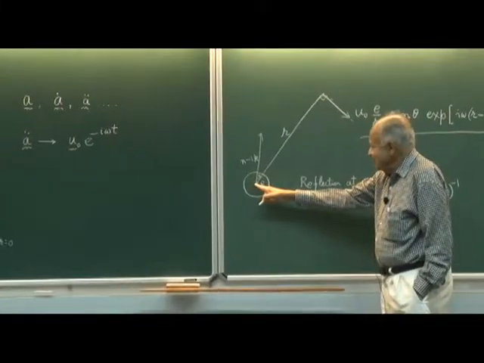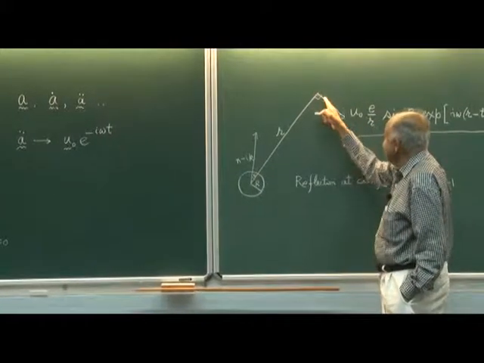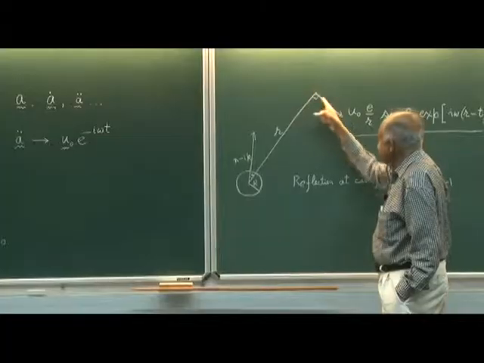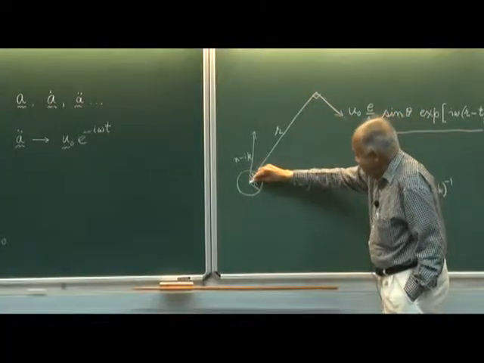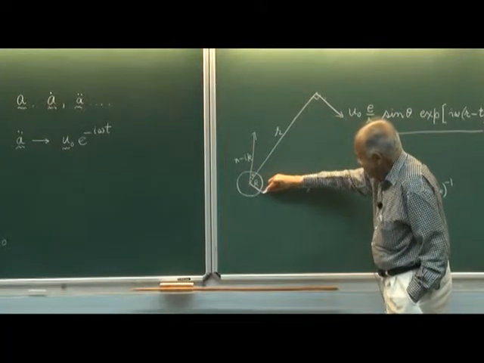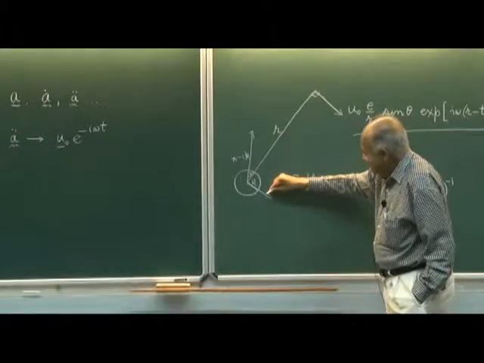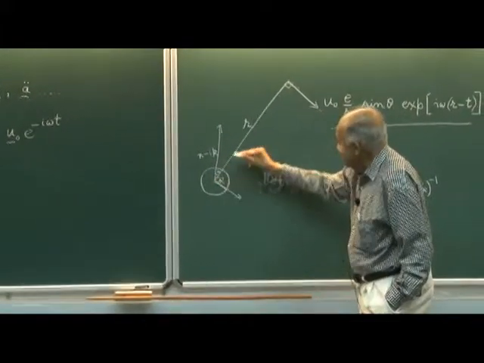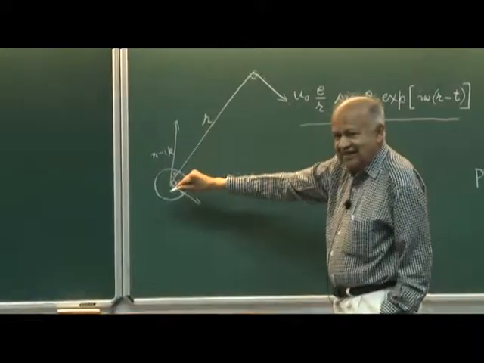So, if this charge is oscillating here, you find that the response, the electric field here, will be in this direction, which is again perpendicular to this line.